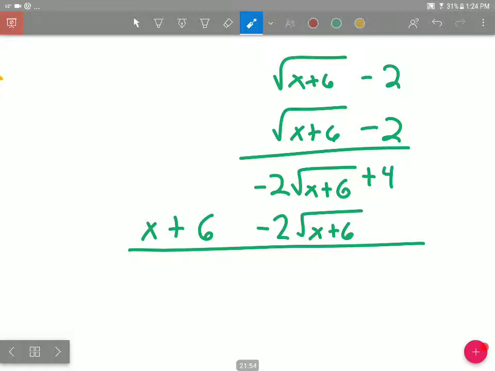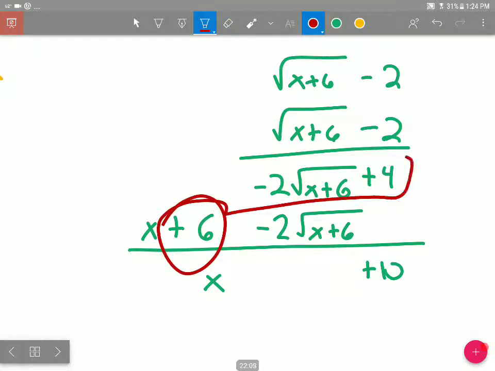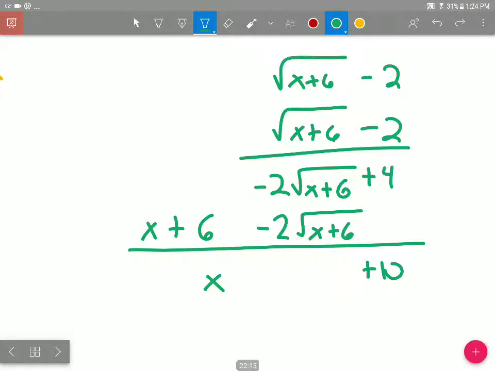So from here, I've got the x. I can add the 6 to the 4 over here, right? So 6 plus 4 is 10. I didn't multiply them, I just added them, because we're adding at this stage.